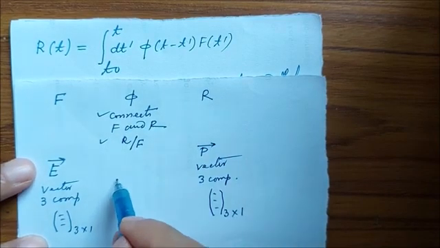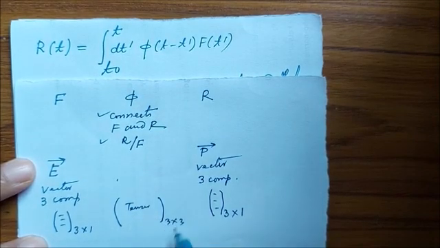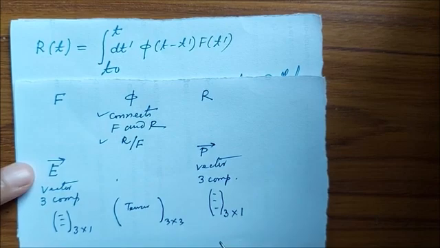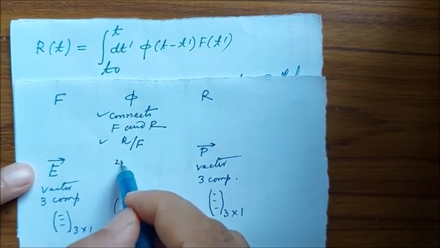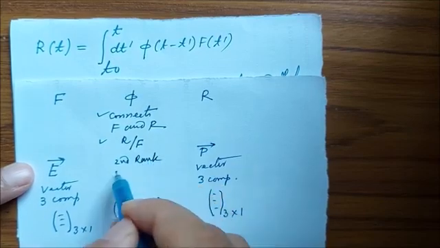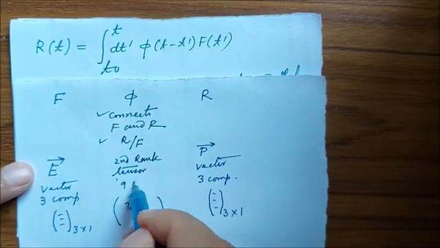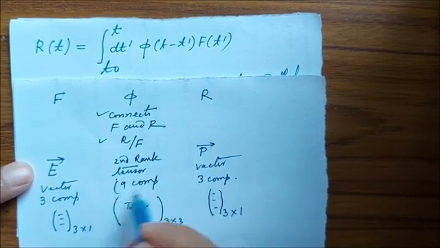So this will be or has to be a tensor having 9 components. So it will be a second rank tensor having 9 components.